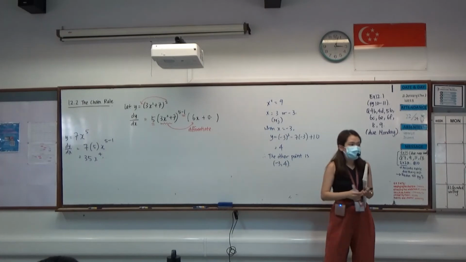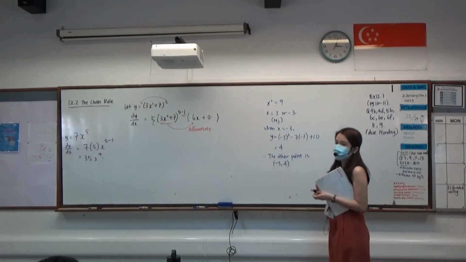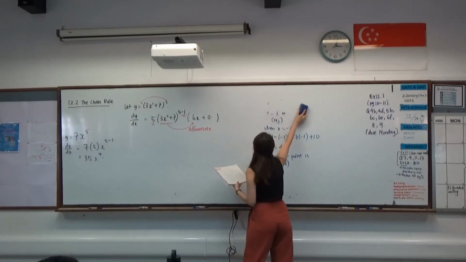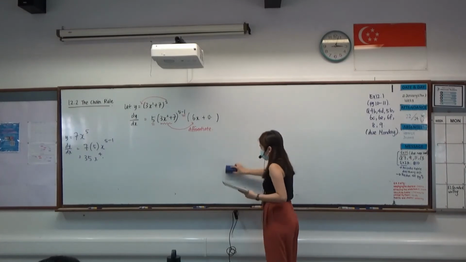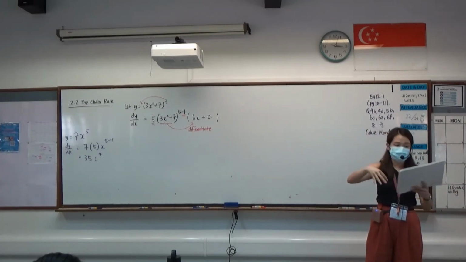Okay, so it's just one additional step, which is remember to differentiate the things inside the brackets, and that will be your chain rule. It is called a chain rule because it is something like one after another. Okay, so it's always outside then inside.